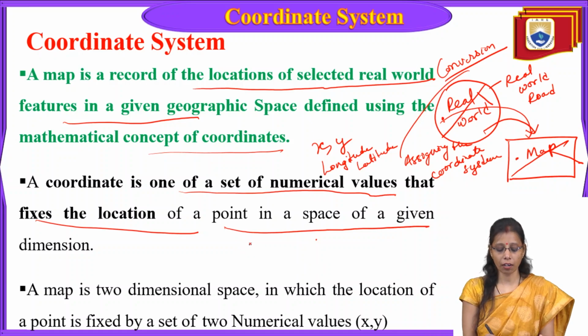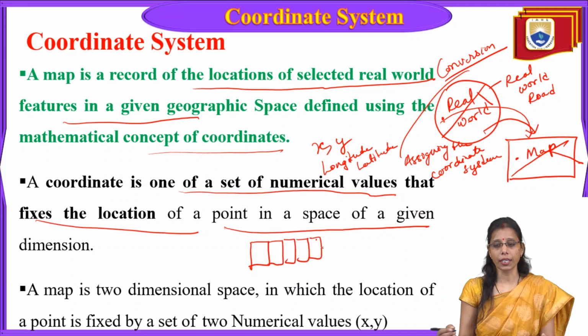For example, if we have a set of maps, 1, 2, 3, 4, 5, five adjacent maps, these have to be fixed exactly to the location. So we have to assign the coordinates here. When you assign all the xy coordinates to this map, it takes the exact real world coordinates to the map.